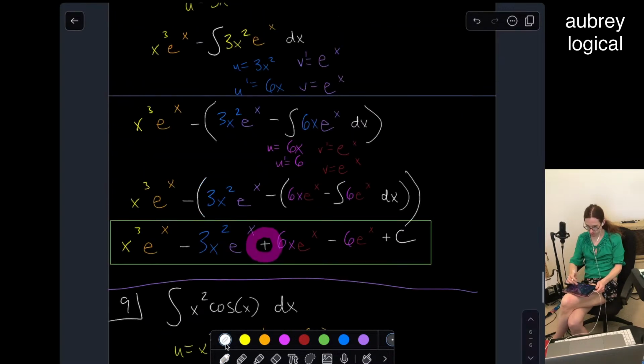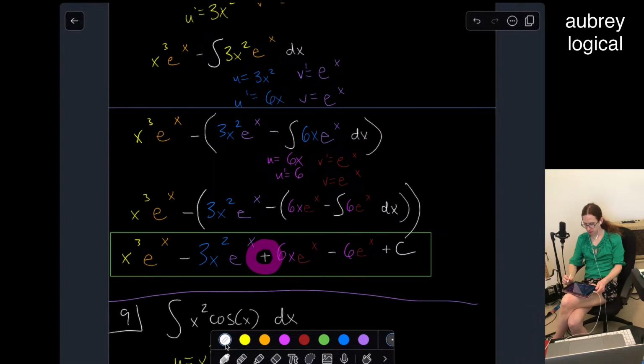Yeah, it must have been what it had to do with that second integration by parts. That must have turned it into a positive right there. Yep, that's what it was.